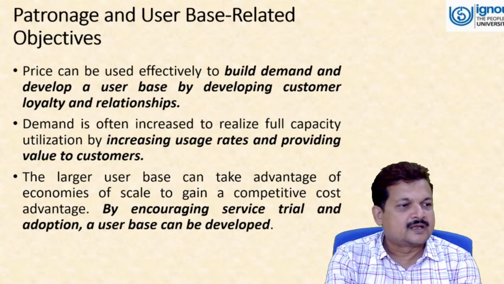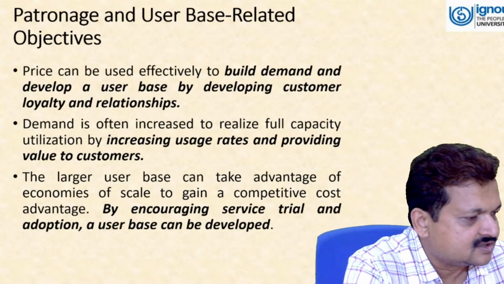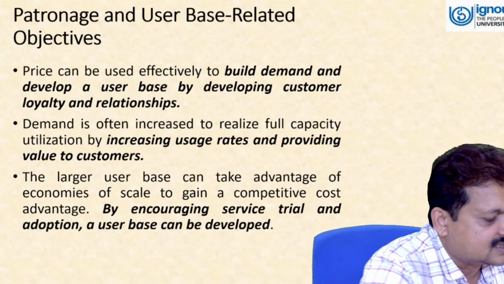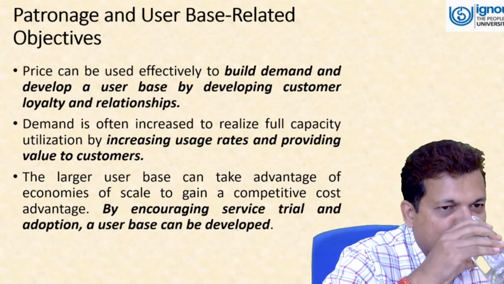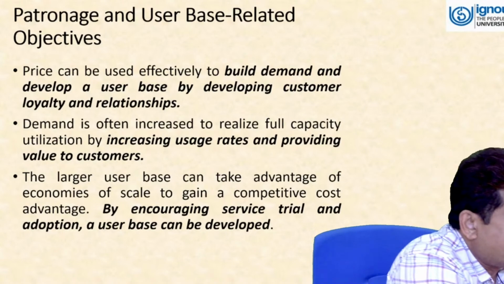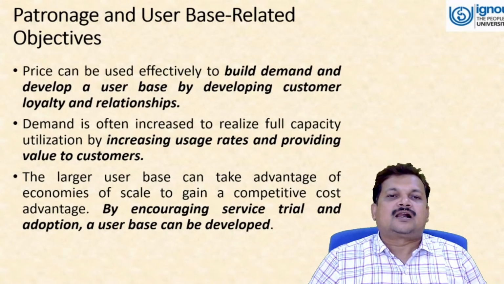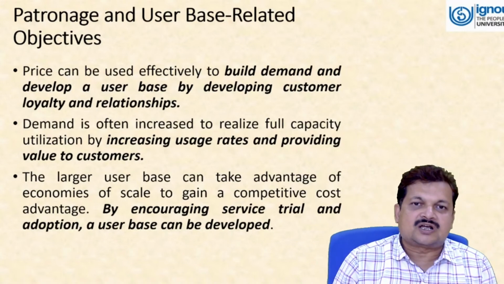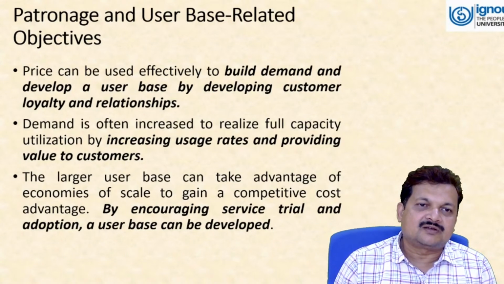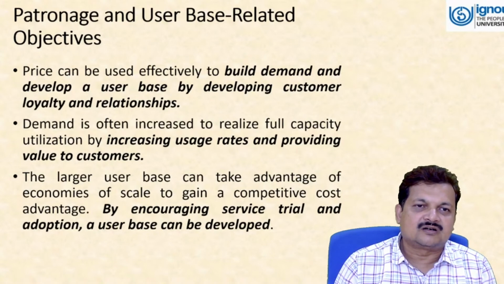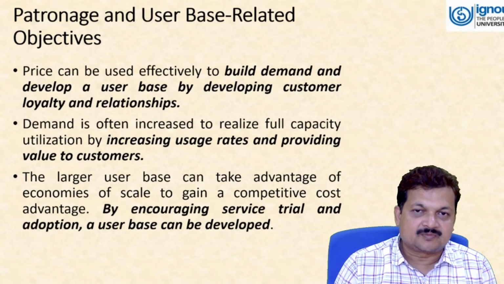So here we need to increase the usage rate. Earlier, Horlicks was there to target the entire family, with only a single flavor. Today there is Horlicks for children, Horlicks for women, Horlicks for diabetic people, like that.